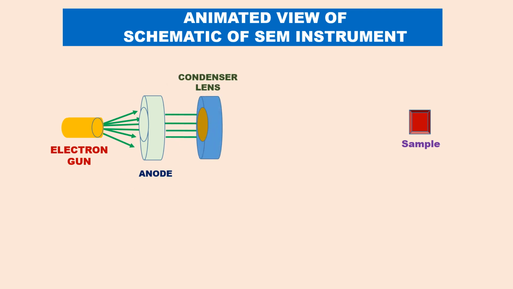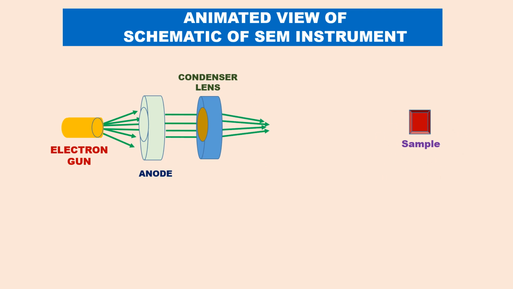The electron beam then passes through the condenser lens, which defines the size of the electron beam and also the resolution of the image obtained, so it is very important for the resolution of the SEM image.